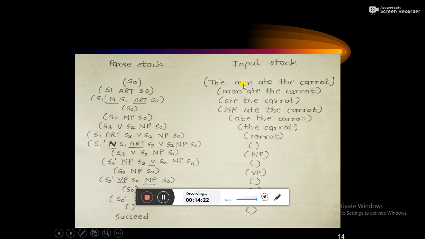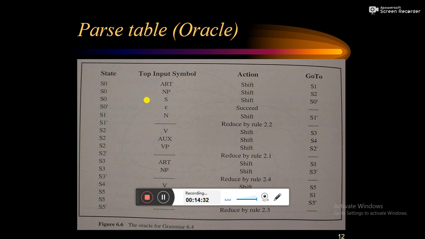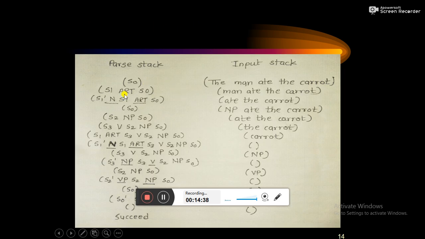First it will fetch the, whose part of speech category is article. What does S0 on article say in the table? S0 on article says shift to S1, so it will write S1 over here, and the action performed is shift.